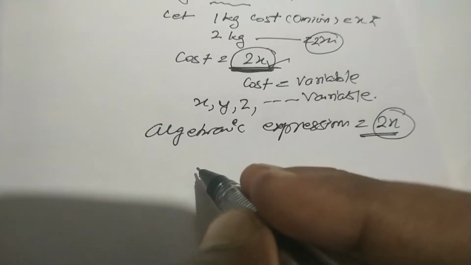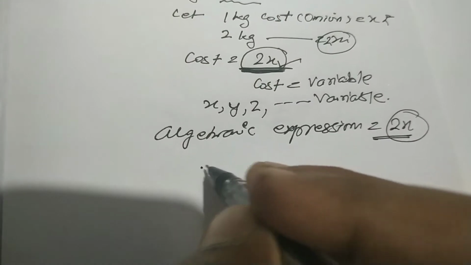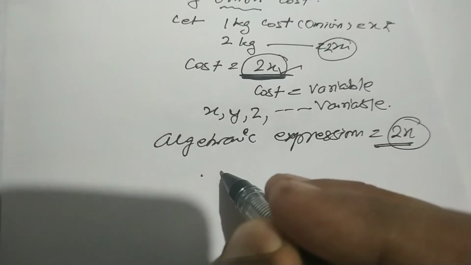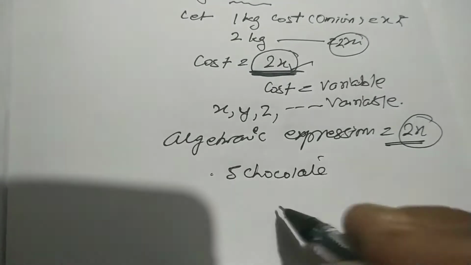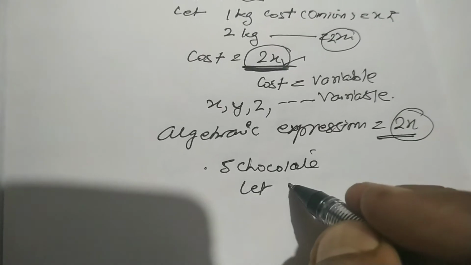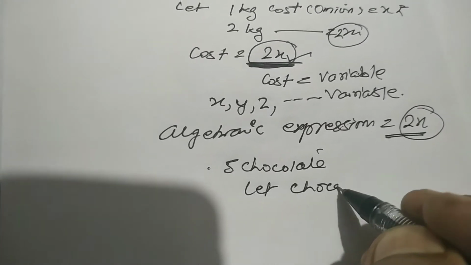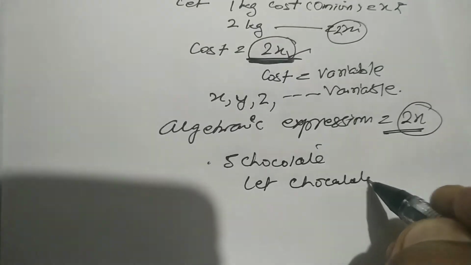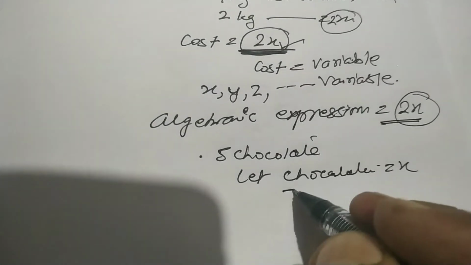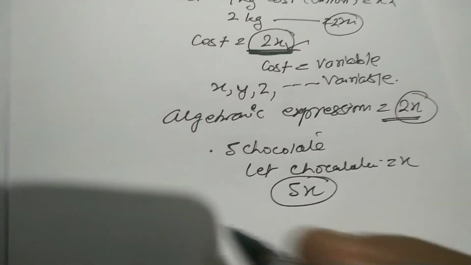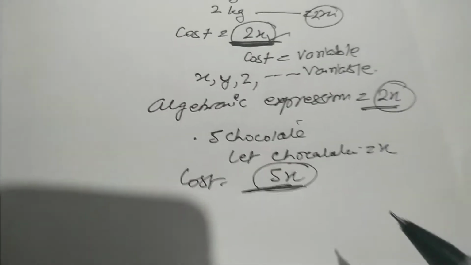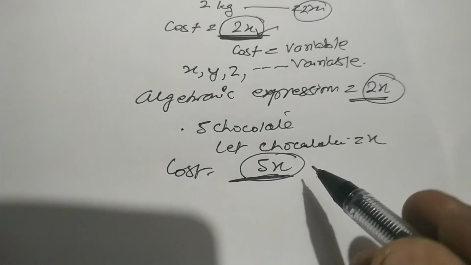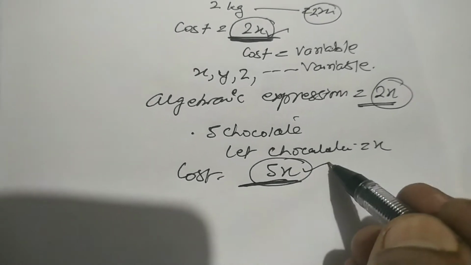Like if I write 5 chocolates, or let the chocolate cost be x, so we write the cost as 5x. So basically this 5x is the algebraic expression, and the cost x is the variable.